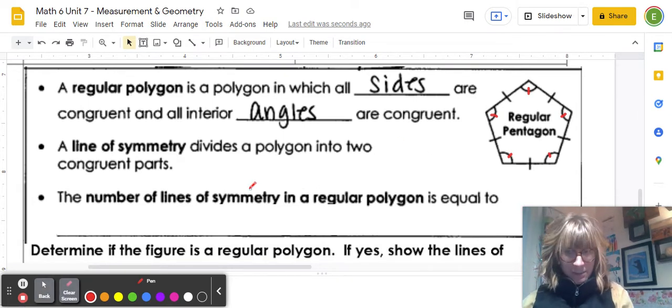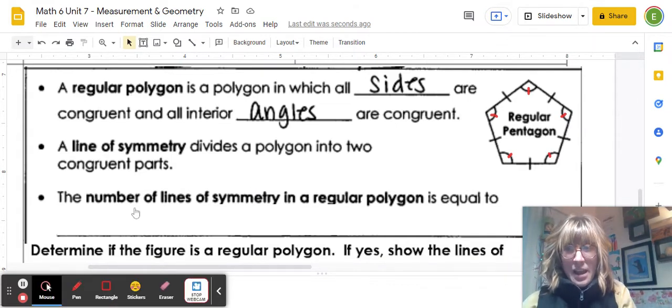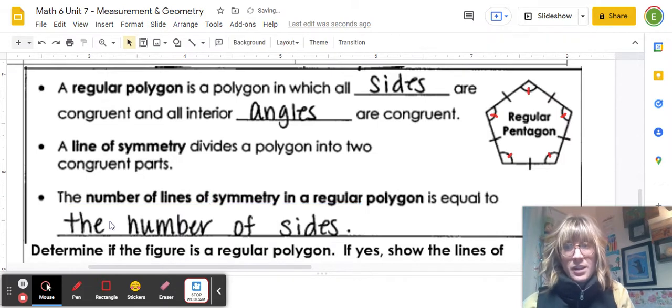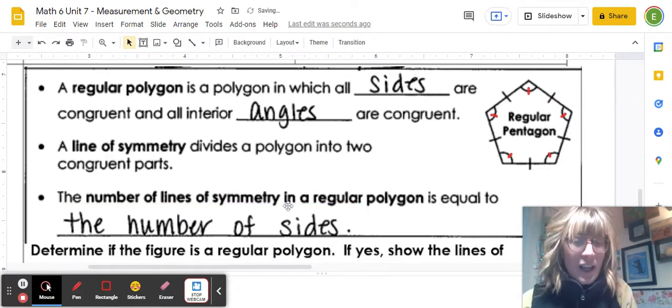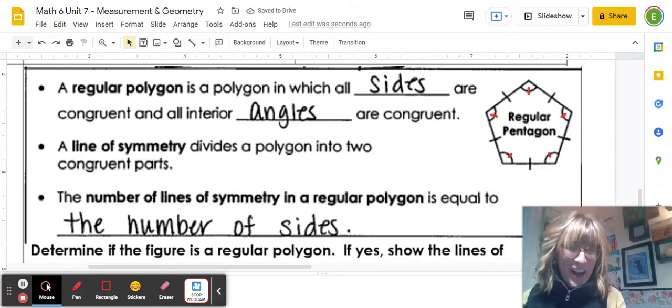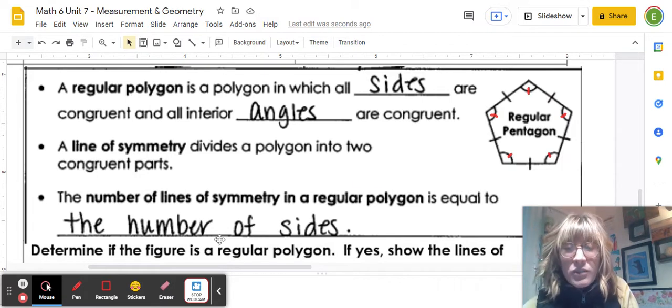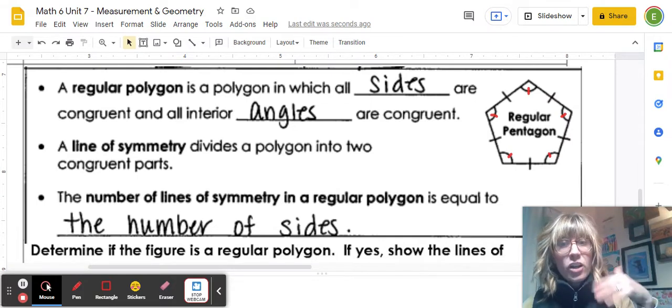The number of lines of symmetry inside your regular pentagon is going to be equal to the number of sides. Oh, I kind of gave it away there. I spoiled it. So the number of lines of symmetry is equal to the number of sides. So in this regular pentagon, since there are 5 sides, there are going to be 5 lines of symmetry.